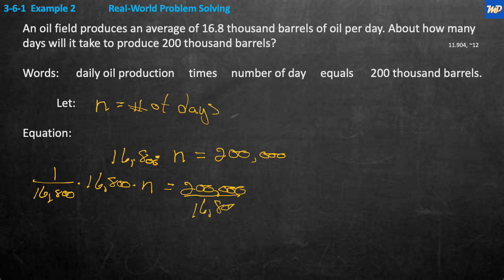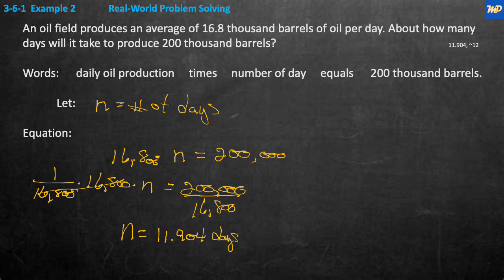These cancel, and n is equal to 200,000 divided by 16,800. When I do that, the answer comes out to be 11.904 days.